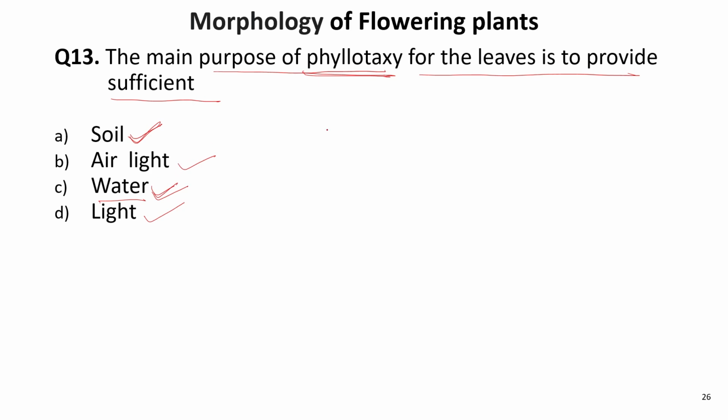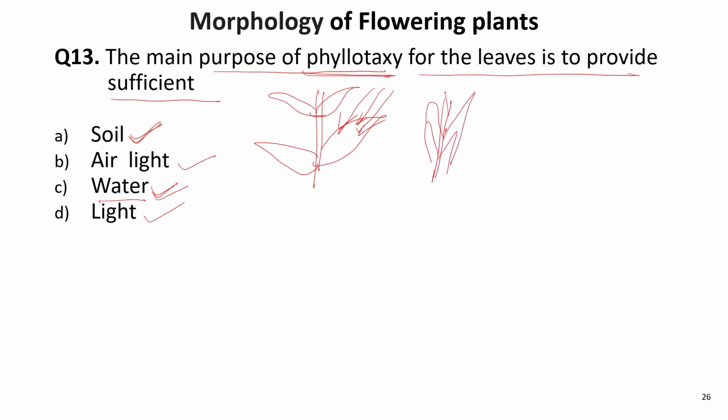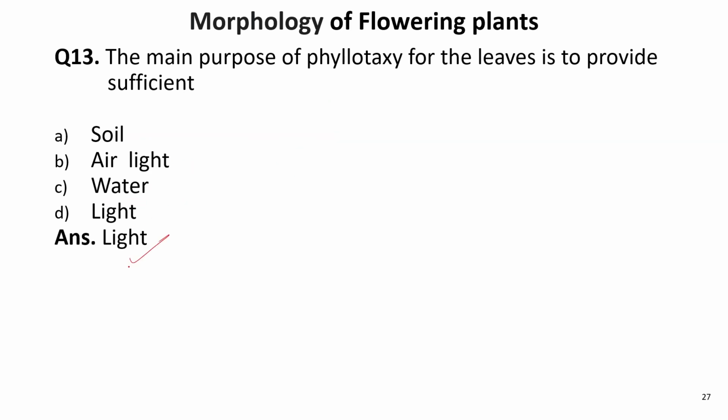But phyllotaxy is the arrangement of leaves in such a way that they get the maximum amount of light. Air is present in any case, even if the leaves are not exposed, but then they would not get the maximum amount of light. So this option is incorrect, but yes, the presence of light is correct.